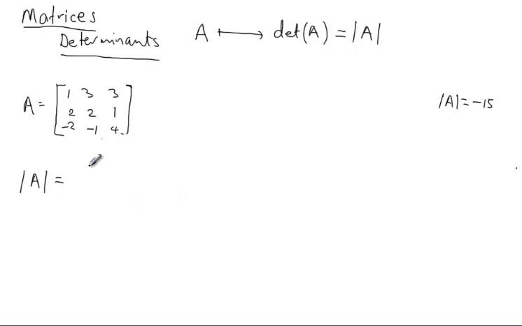Now, what am I going to do now? This is what I'm going to do. I'm going to write 1 bar like that, and then write 1, 3, 3, then write 2, 2, 1, then write minus 2, minus 1, and the 4. Then I write another bracket there.